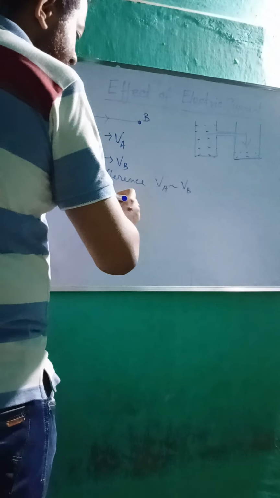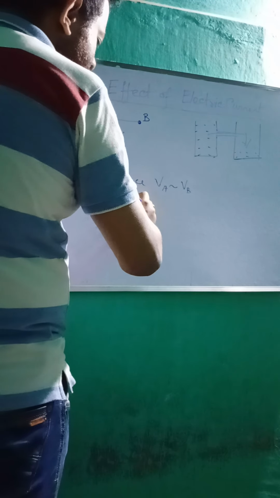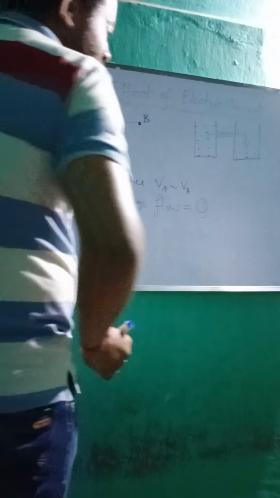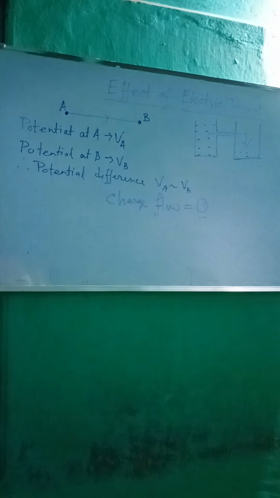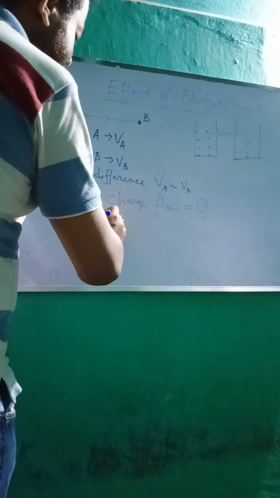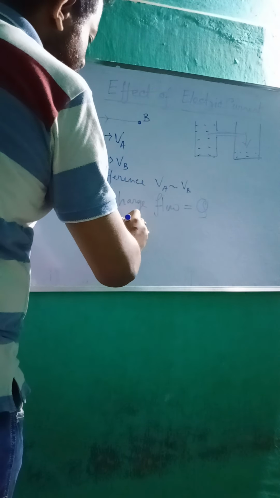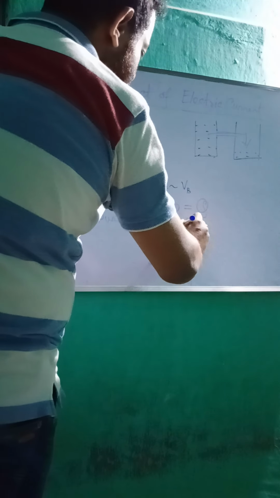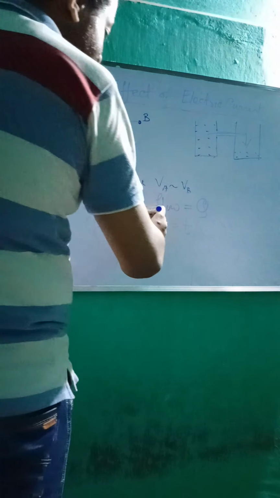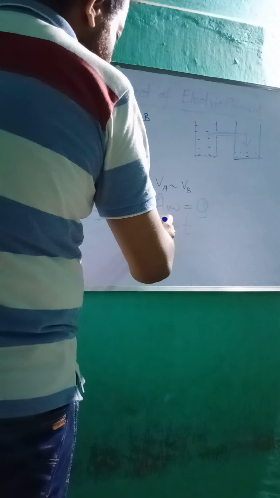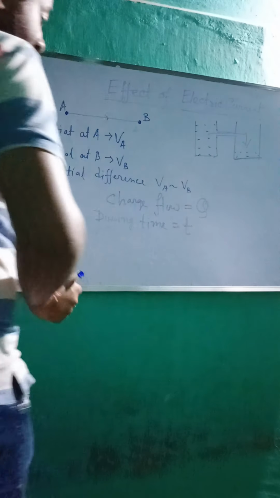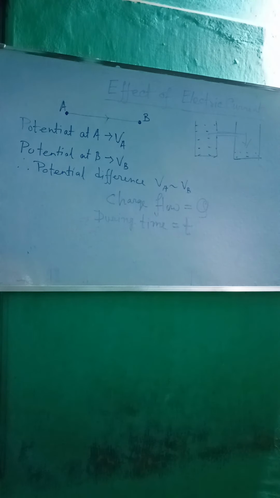Now the question is, if Q amount of charge is flowing during time T, what is the current flow?